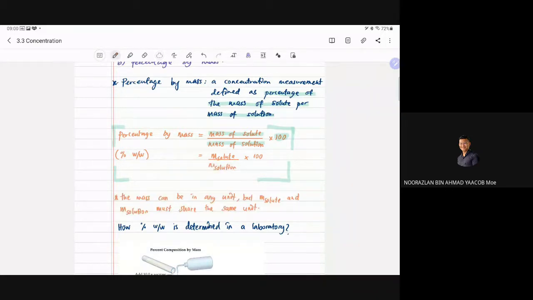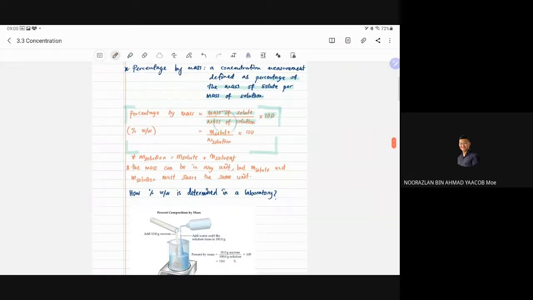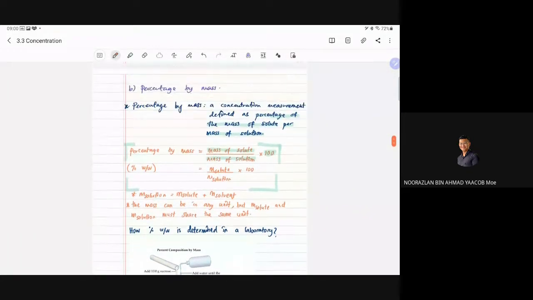So mass of solution sama dengan mass of solute tambah mass of solvent. Okay. So now this is the formula lah. Okay. So doesn't matter that much here. Kita kena hafal definition. Kita tahu terus formula dia apa.